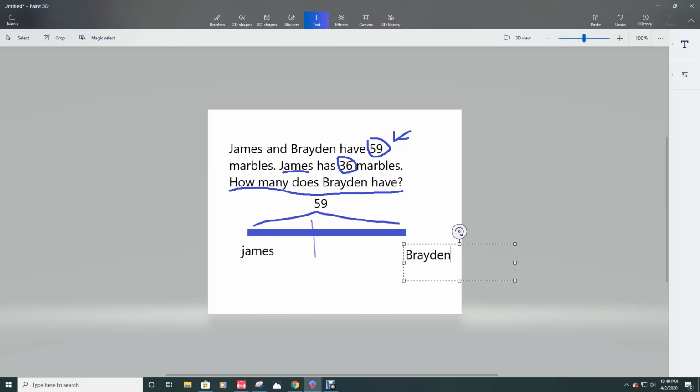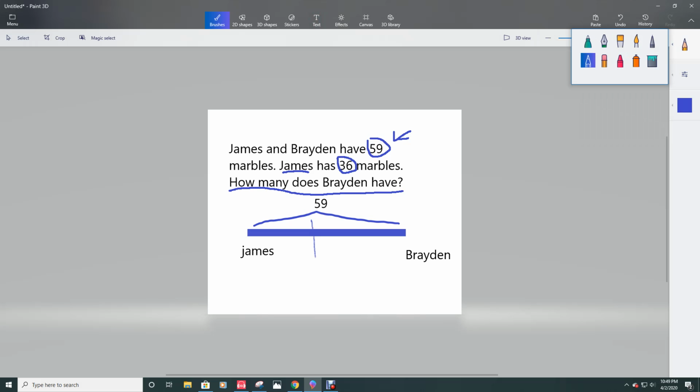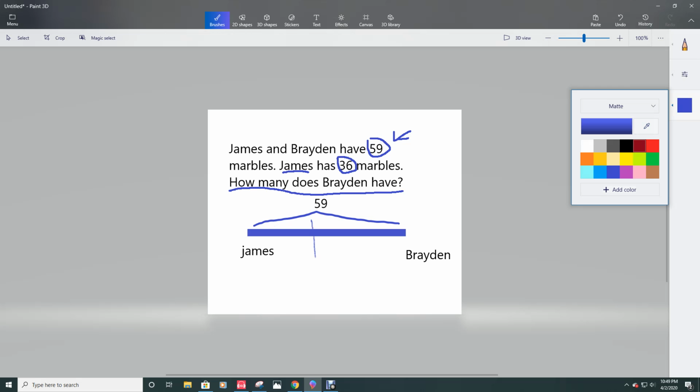Now, what do we know from our problem? What did it tell us? Does it tell us how many James has? James has 36 marbles. It does. So on this side of the bar model, we can put 36 because it told us that he has 36. I don't know how to change my color. Oh, there you are.